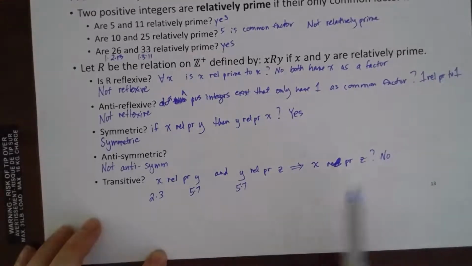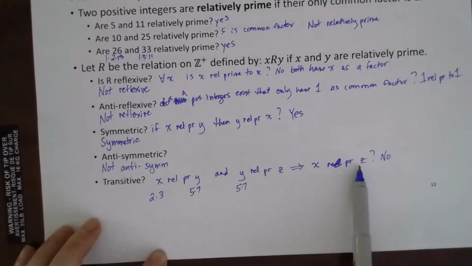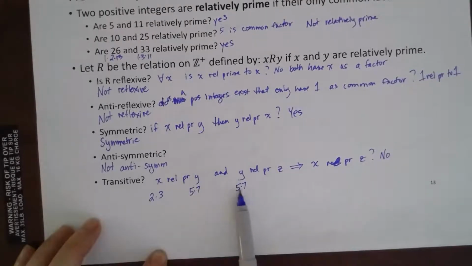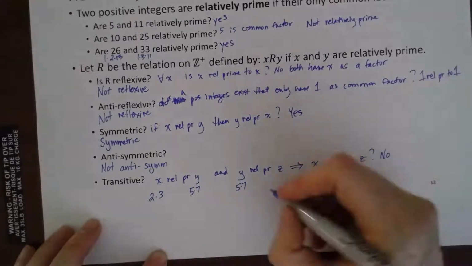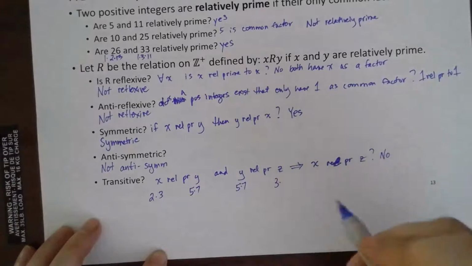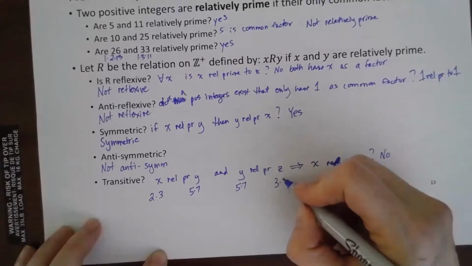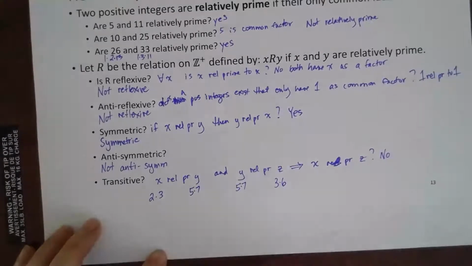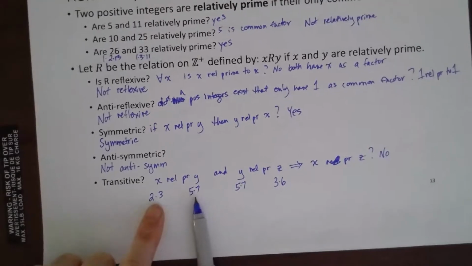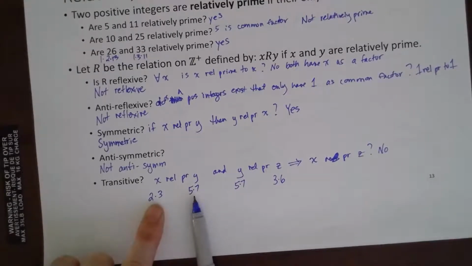And how could I force z and x to not be relatively prime? Give me an example of what numbers I could put here so that it's still relatively prime to y, but it's not relatively prime to x. 3 times 6, yeah, because you'll still have a 3 and a 3 and a 2. It'll still be good for that one. So these are relatively prime because the only common factor they have is 1.